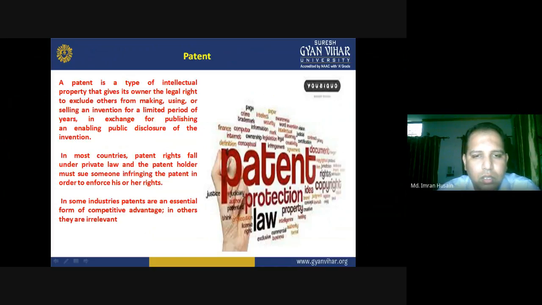This creates a very unfair situation for people who work hard to create something that is then copied in other countries and used as such. This law is related to intellectual property rights, and in some countries they follow the protocols essentially, but in others it does not apply and is totally irrelevant.